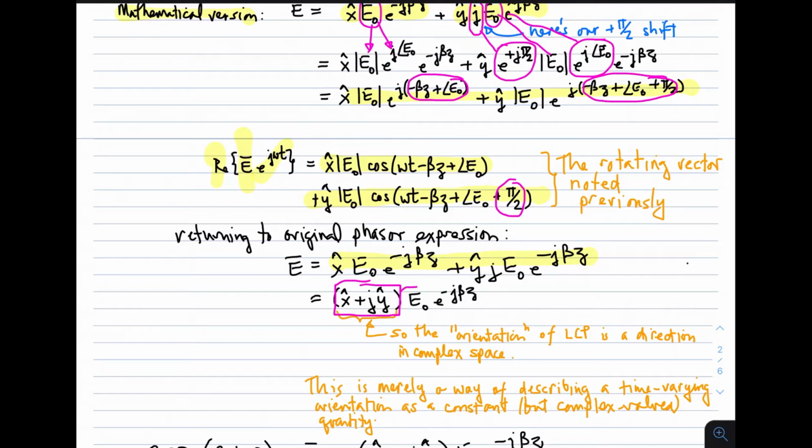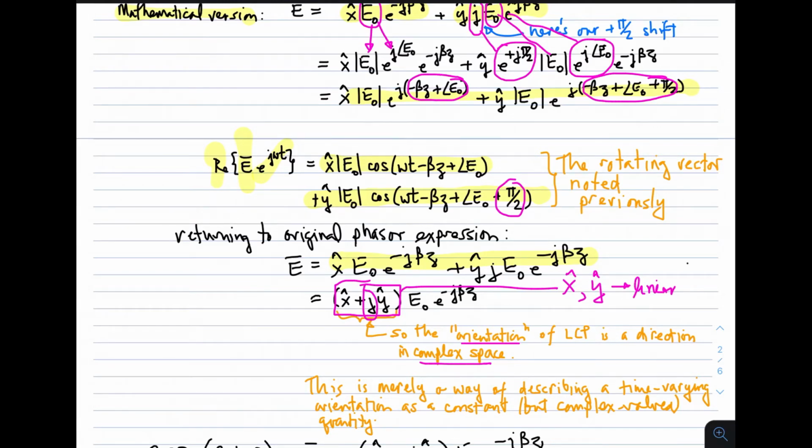Recall, if this thing was either x hat or y hat, that was linear polarization. But for circular, we have x hat plus j y hat. So this is an orientation of the electric field vector in complex space. x hat is pointing in one direction, and y hat is multiplied by j. So this is a direction in complex space.